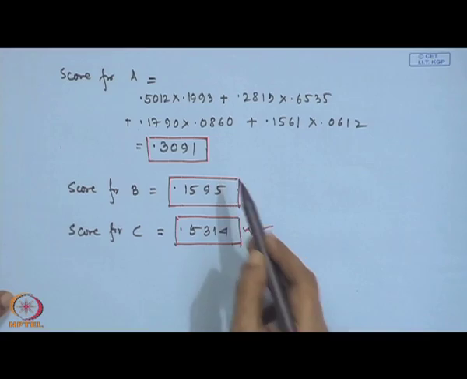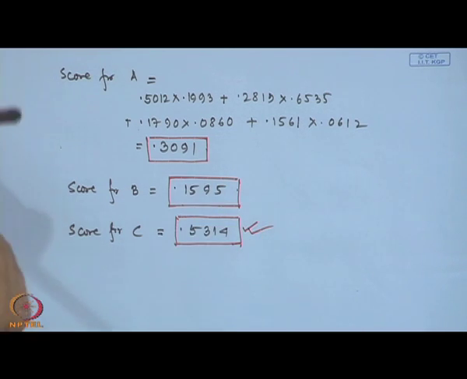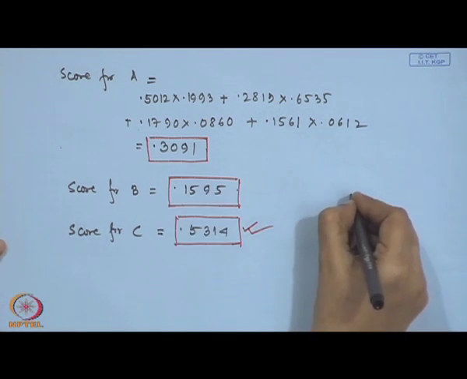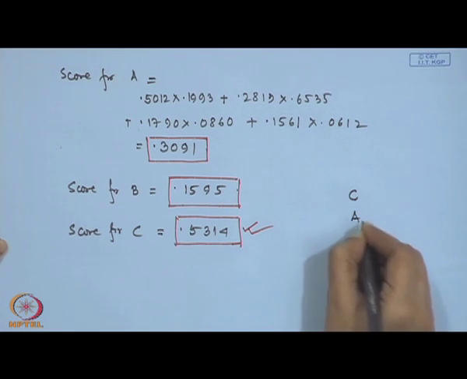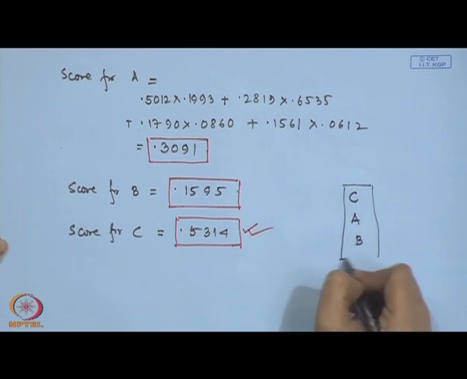Alternative C is more preferable with respect to the given information. Location A is preferable to B, but less preferable than C. This way we can rank the alternatives, and depending on the situation, you can decide which one has to be selected. That is all about the AHP process.